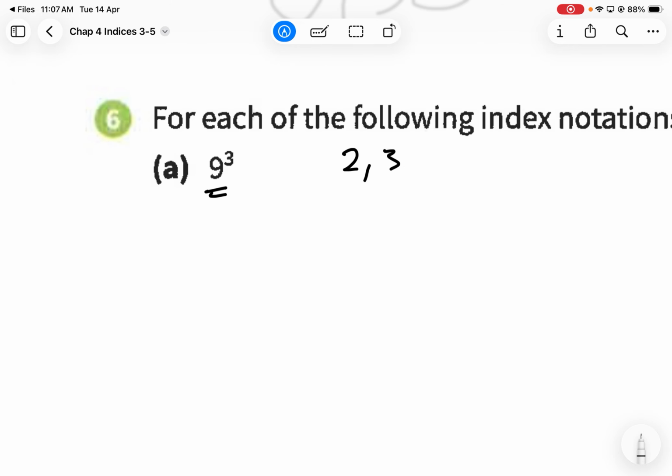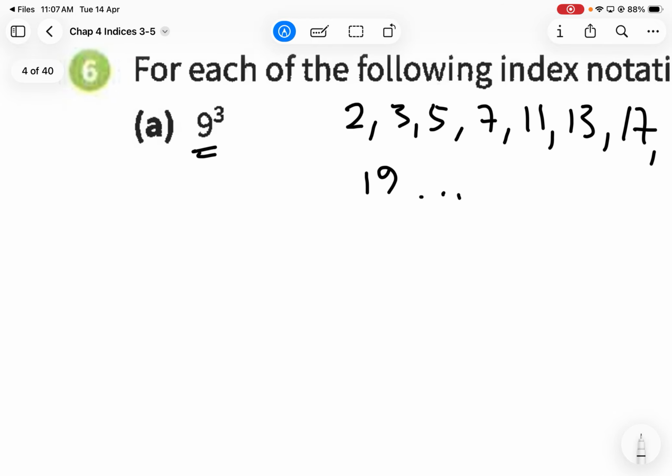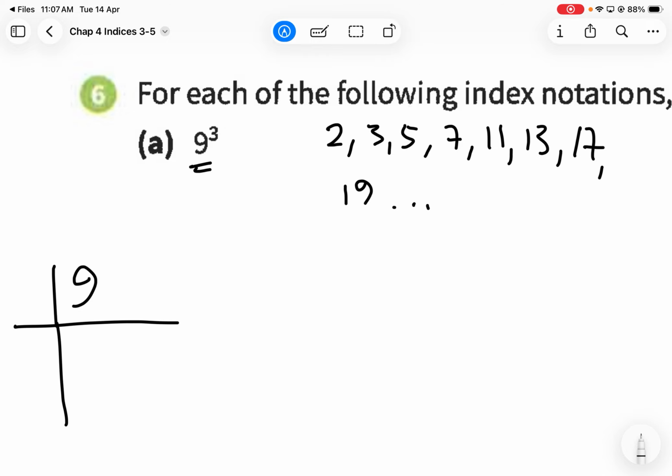Prime numbers are 2, 3, 5, 7, 11, 13, 17, 19. Usually you only need to know until 19, that is more than enough already. Okay? So how do I change 9 to a prime number? I go back to my secondary 1 skills, prime factorization. I try to divide 9 by the smallest prime number. So I will start trying. See if I can divide 9 by 2 or not. I press 9 divide by 2, I will not get a whole number.